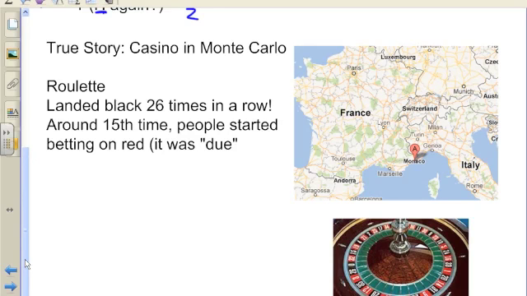And true story, they're playing this game, and the little ball goes around the wheel, and it landed on black 26 times in a row. Crazy weird. Around the 15th time, people started betting on red like crazy because it was overdue.